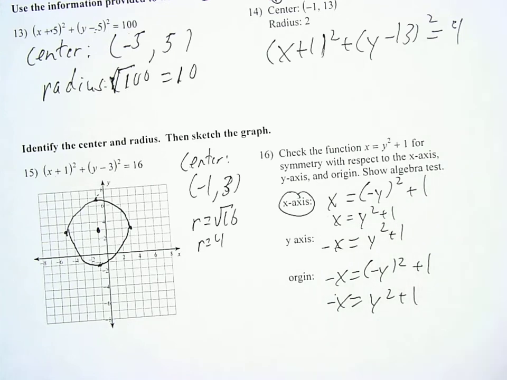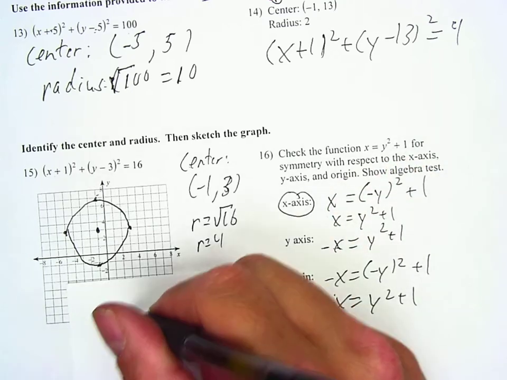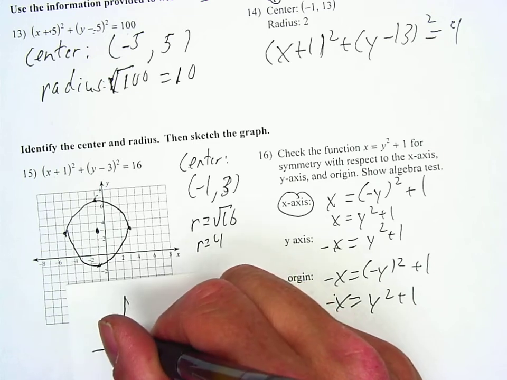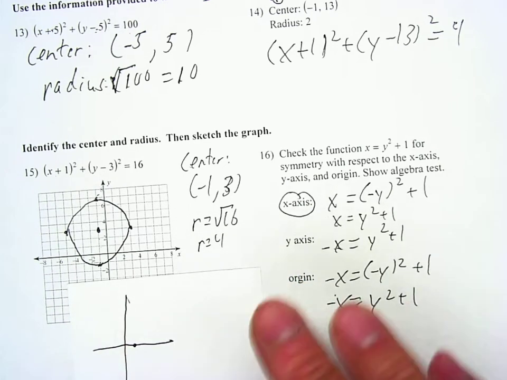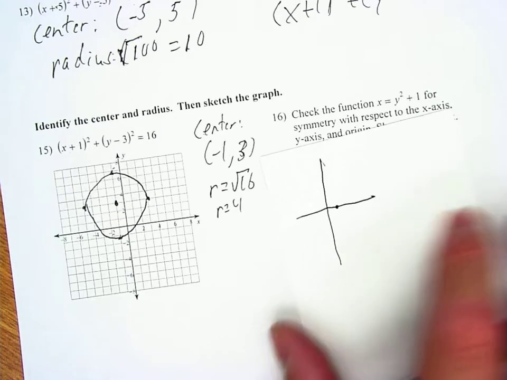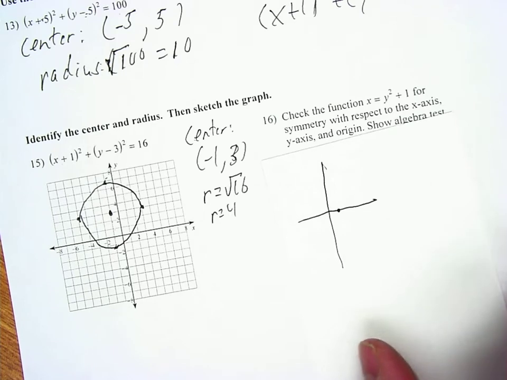And if we look at the graph of this, again, it's a sideways parabola, x equals y squared plus 1. When y is 0, x is 1. That's the x-intercept. And then as y increases in value, as y is 1, x would be 2.